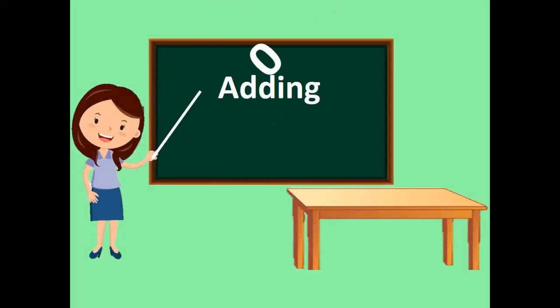Adding 0. Let us see what happens when 0 is added to any number. There are 2 donuts in the plate plus no donuts, or 0 donuts, in the second plate. How many donuts are there in both the plates in all?